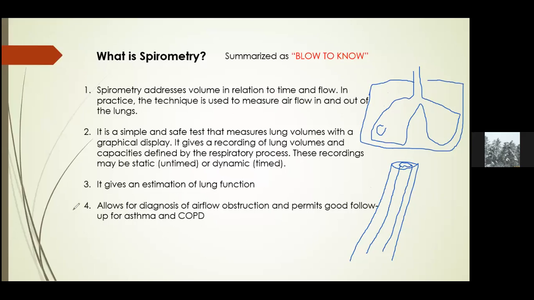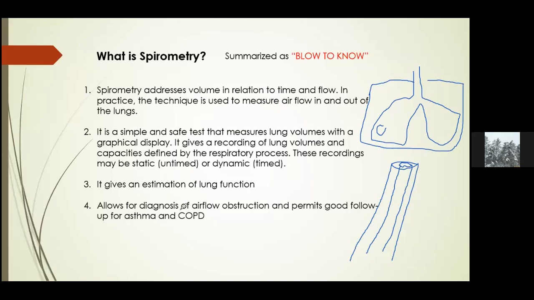For that reason, number 4, spirometry is used to allow for diagnosis of airflow obstruction. If somebody has asthma, we usually have inflammation of the airways, and those inflamed airways restrict passage of air. But upon giving some inhalers, they usually have bronchodilation where the airways dilate, and you can monitor a person with asthma to see whether they are responding to the treatment by using spirometry.